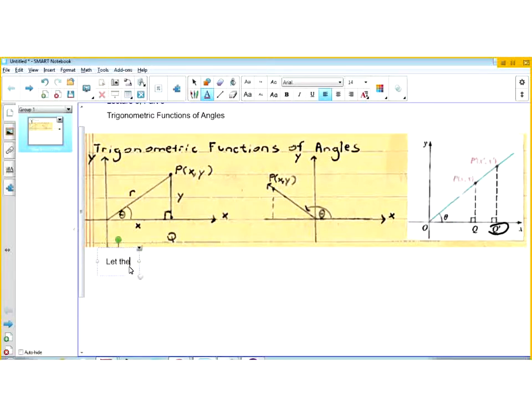So let theta be an angle in standard position, as shown in these illustrations, by the way, and let P, the point P with coordinates x, y, be a point on the terminal side.